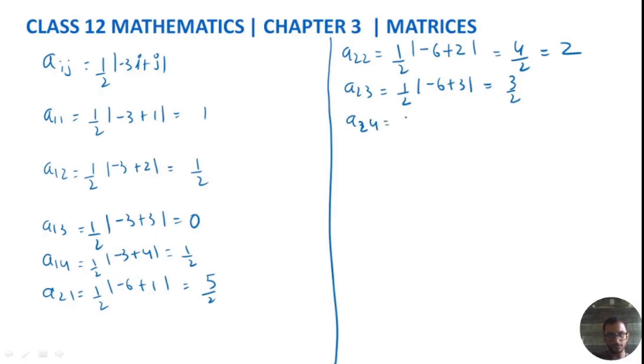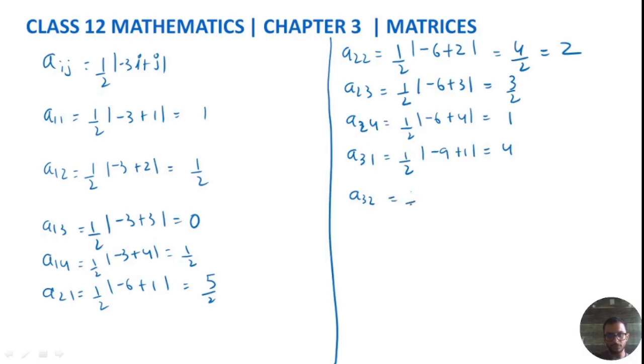A24 will be 1 by 2 modulus of minus 6 plus 4, that will be 6 minus 4 will be 2 and modulus of minus 2 will be 2, so it will be 1. Then A31 will be 1 by 2 modulus of minus 3 into 3, that means minus 9 plus 1. 9 minus 1 is 8 and 8 divided by 2 will be 4.